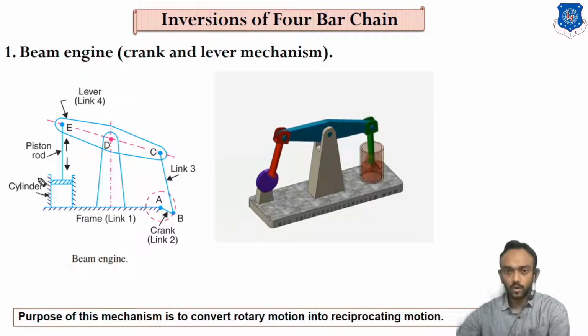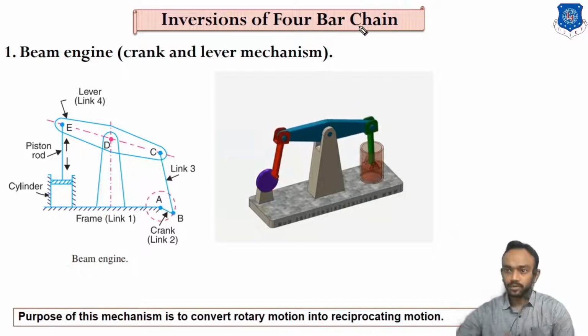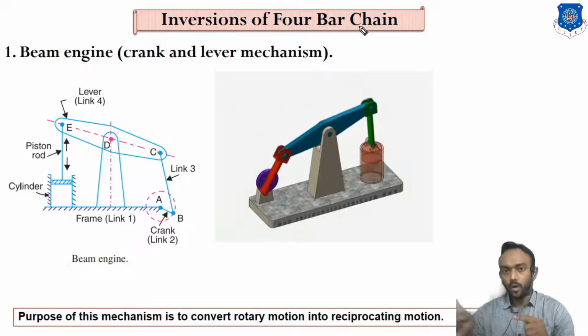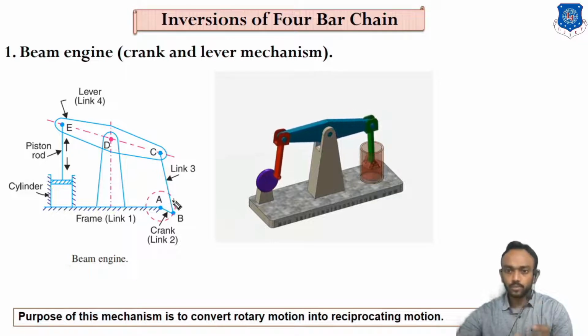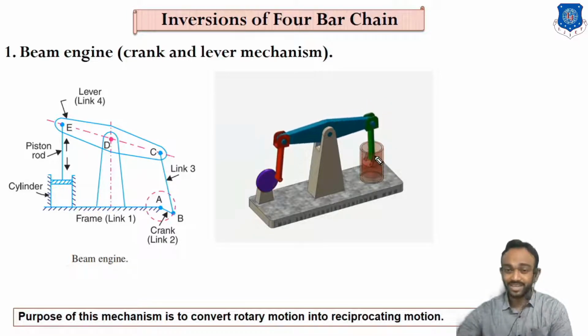The piston, piston rod and cylinder are considered extra links, because in the 4-bar we give rotary motion to one link and get oscillating motion. So in this mechanism, rotary motion is converted into oscillation of this lever. The piston rod and piston are considered extra.